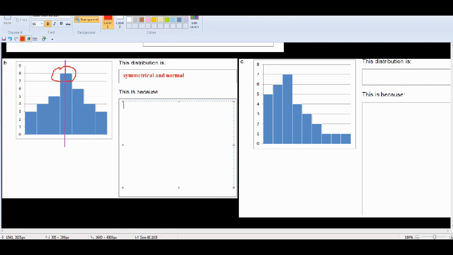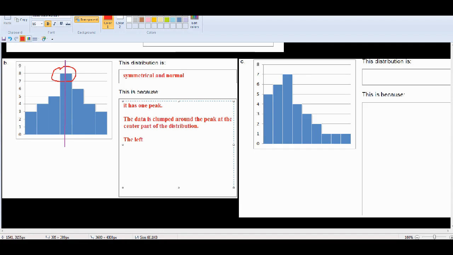The reason it has one peak, the data is clumped around the peak, at the central part of the distribution.